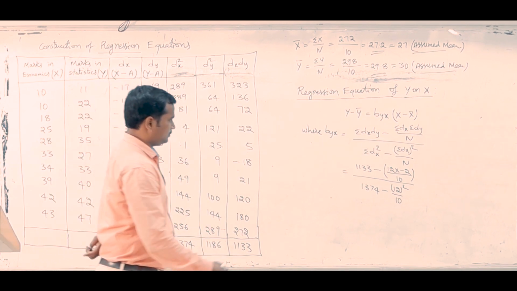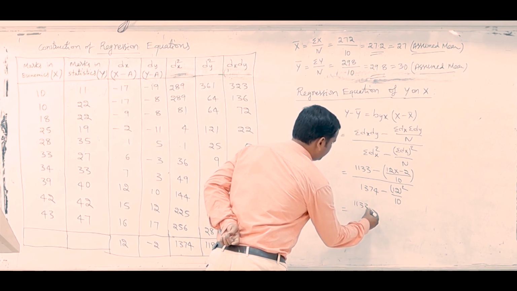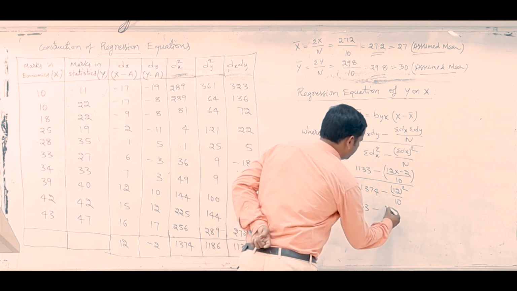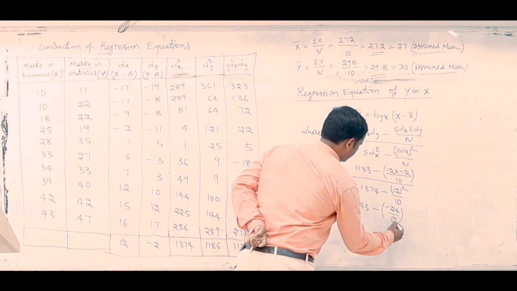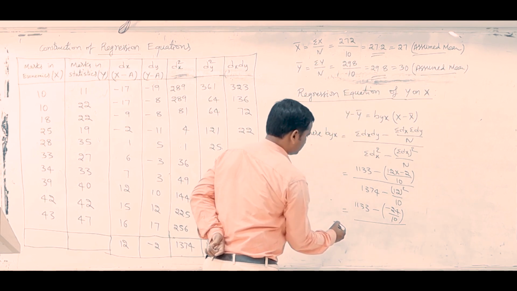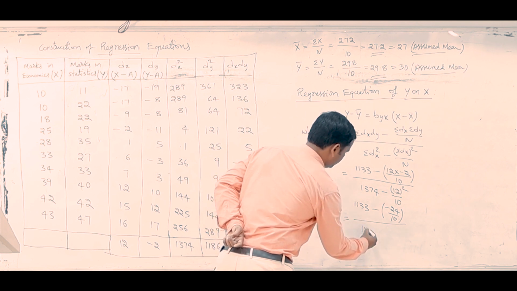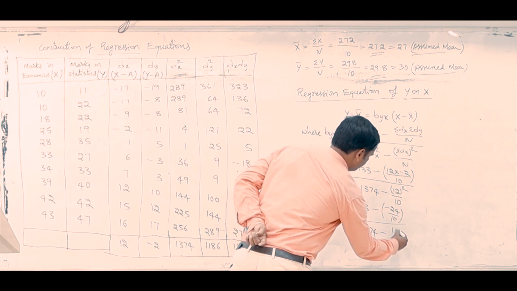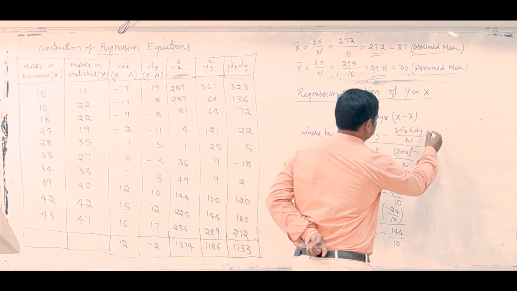So we should expand this. So 1133 minus, so minus 24 by 10, divided by 1374 minus 144 by 10.